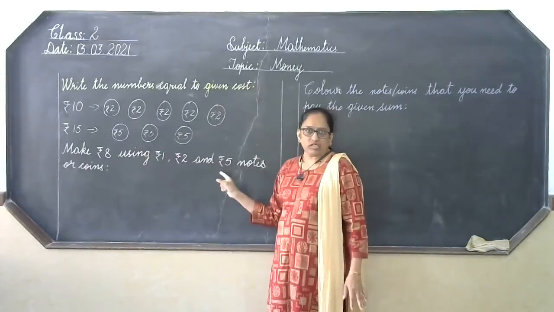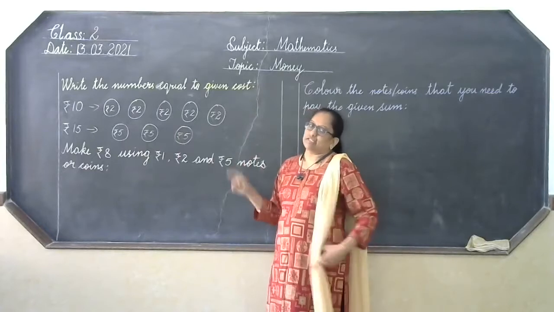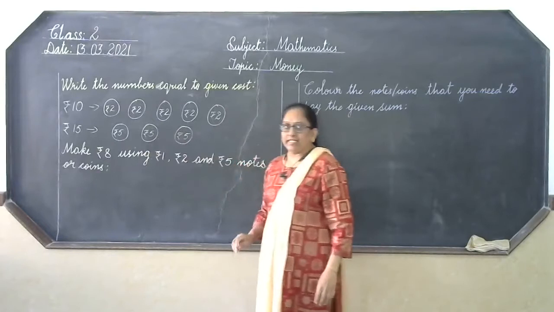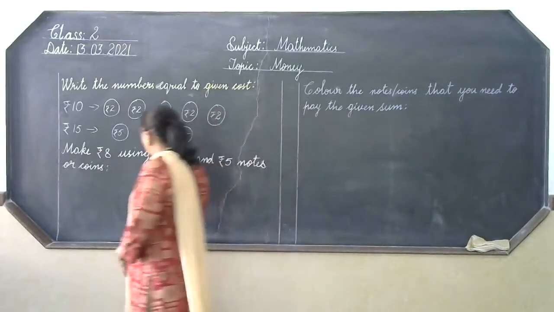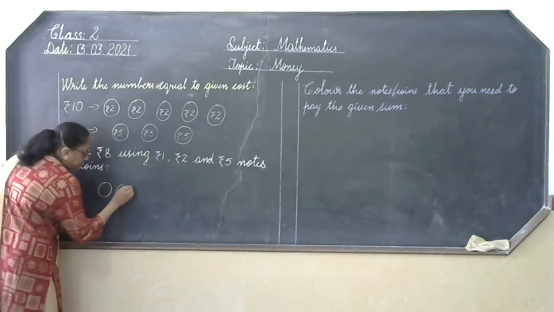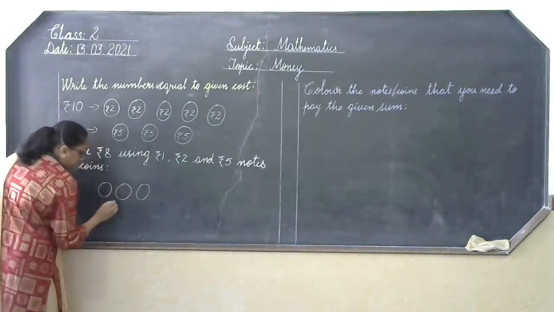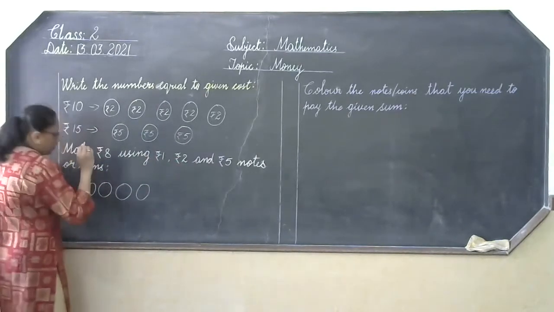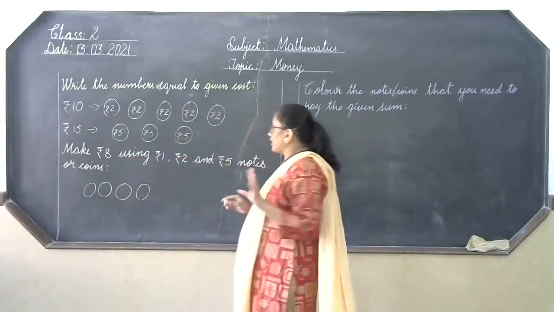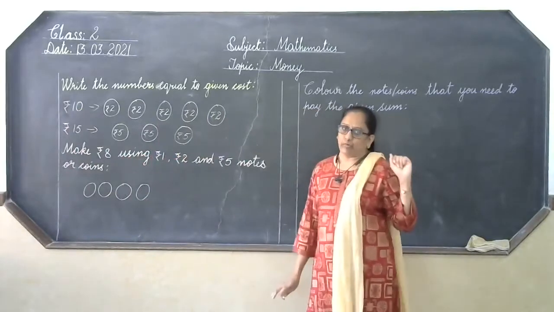Nowadays you don't have notes, so let us use only coins. They have given you 4 coins. You should pick 4 coins, any 4 coins, but it should be 8 rupees.